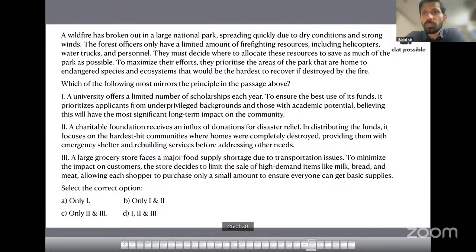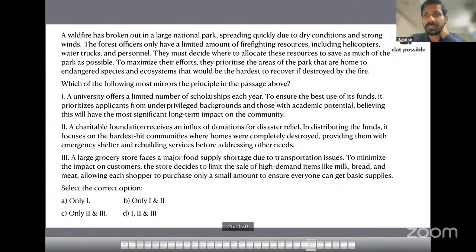A wildfire has broken out in a large national park, spreading quickly due to dry conditions and strong winds. The forest officers only have a limited amount of firefighting resources, including helicopters and water trucks and personnel. They must decide where to allocate these resources to save as much of the park as possible.